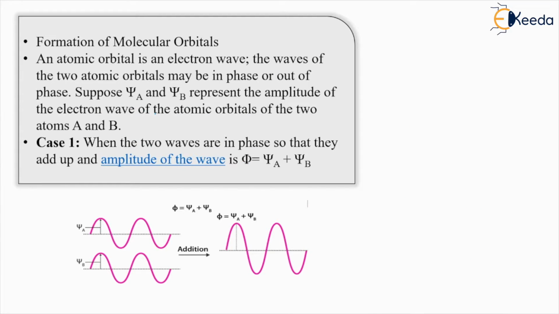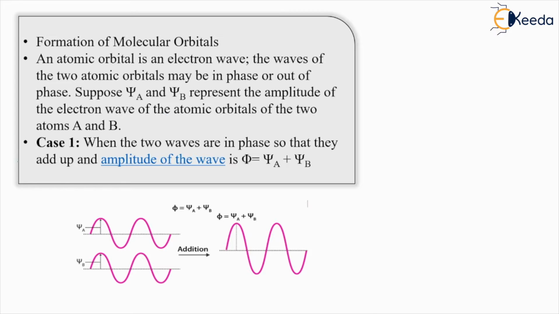So, if you see the formation of molecular orbitals, an atomic orbital is an electron wave. The waves of the two atomic orbitals may be in phase or out of phase. For example, psi A and psi B represent the amplitude of the electron.